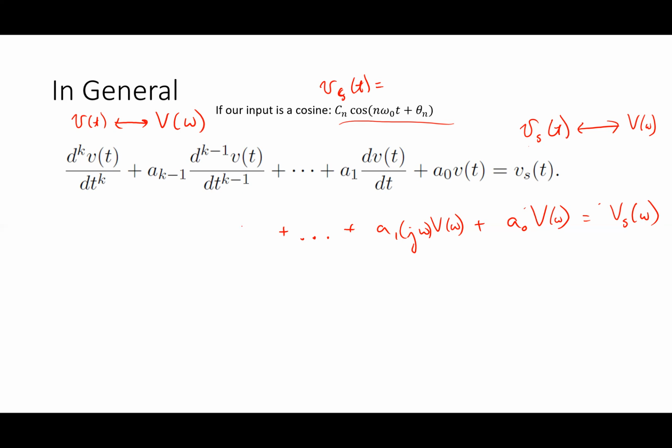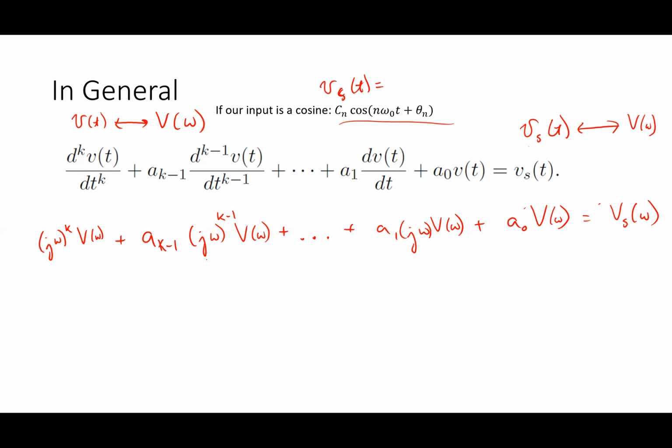I replace the V of t with the V of omega, and I replace the k minus 1th derivative with j omega to the k minus 1 power, and multiply that by this coefficient a k minus 1. And then when it comes to the highest order derivative, I would replace the derivative with j omega to the kth power and replace V of t with V of omega.